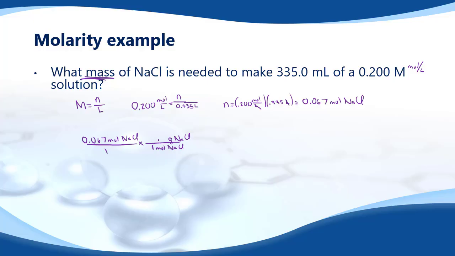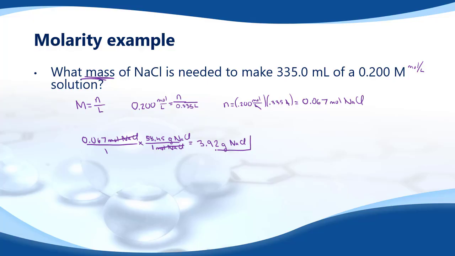The molar mass of sodium chloride is 23 plus 35.45, or 58.45. Moles cancel. And this gives me a final value of 3.92 grams of NaCl.